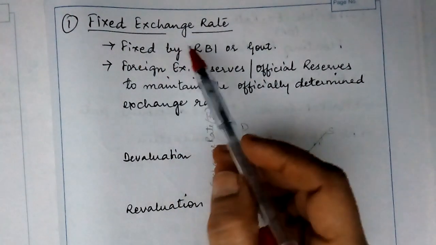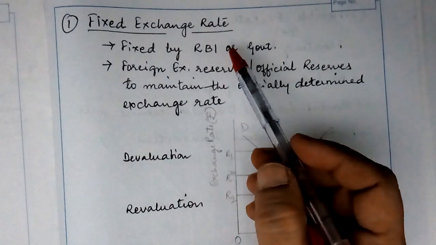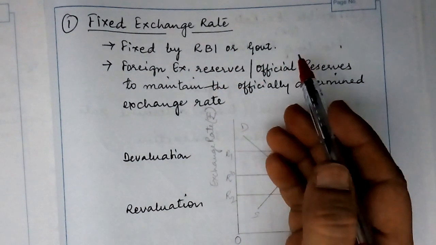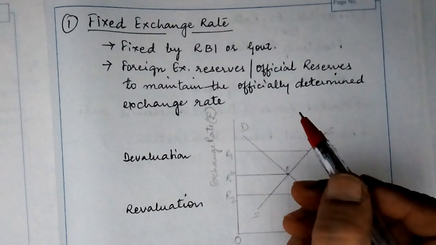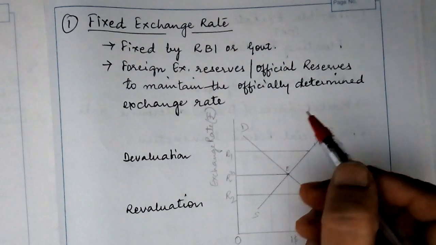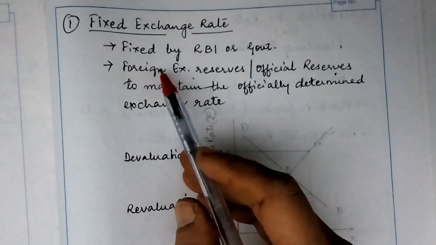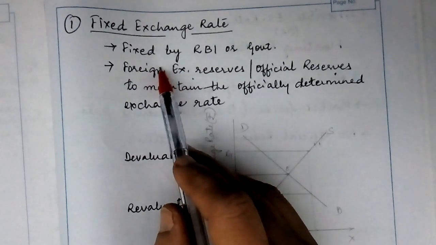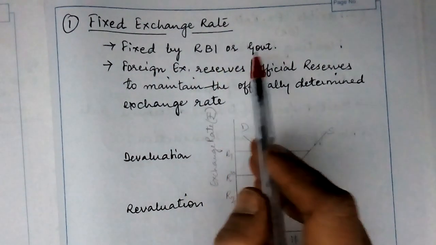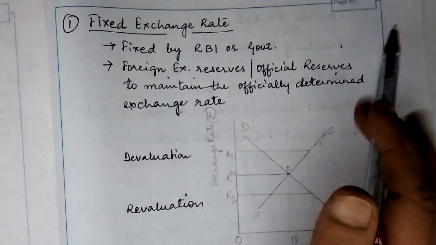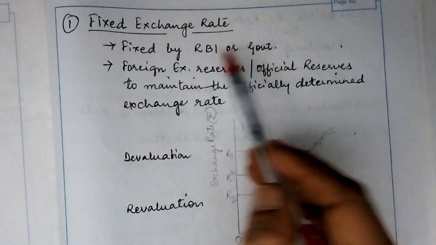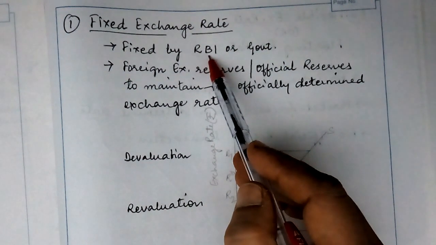First, the fixed exchange rate system, otherwise called the Bretton Woods system of exchange rate. Under this fixed exchange rate system, the government fixes the exchange rate at a particular level. Either the government or the RBI fixes the exchange rate.